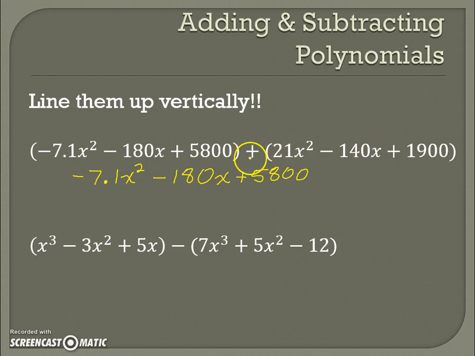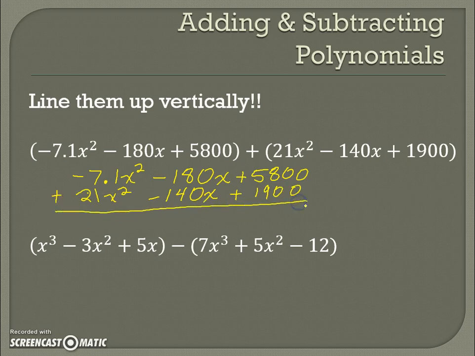I'm adding here, so I'm going to add each one of these things. So I'm going to add 21x squared, and then I'm adding a negative 140x, and then I'm adding 1900 here, and I literally just add straight down like you learned when you were a little kid.